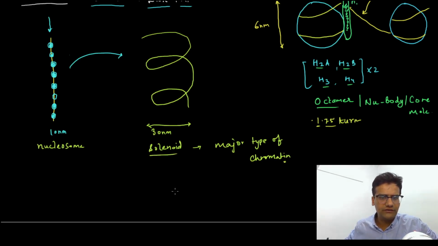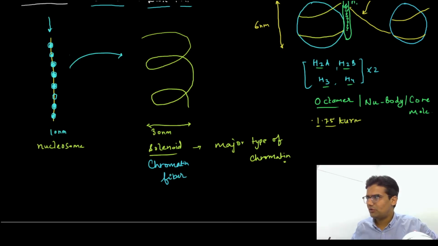It is also known as chromatin fiber. So this chromatin fiber is the major type of chromatin material in the nucleus during your interphase stage.